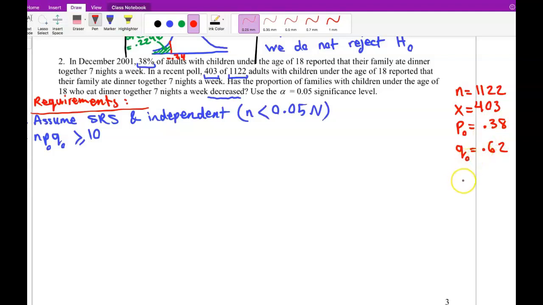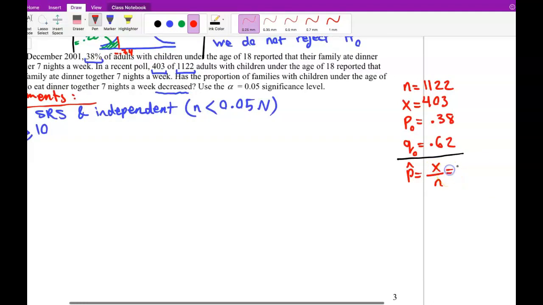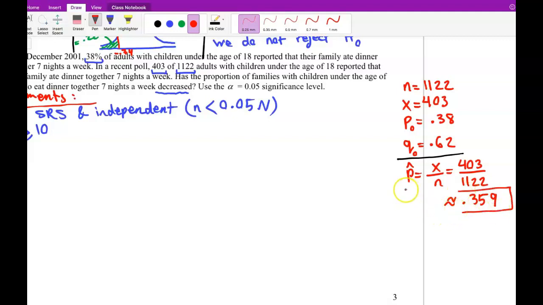And finally, we're going to use p hat, so let's find p hat. So p hat is equal to x divided by n, 403 divided by 1122, and the answer is 0.359. So that is the point estimate.